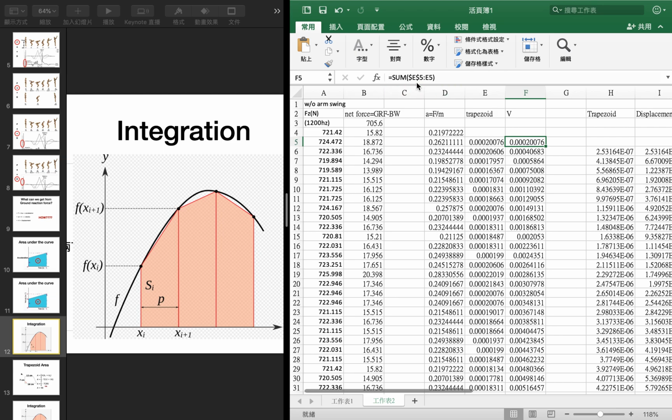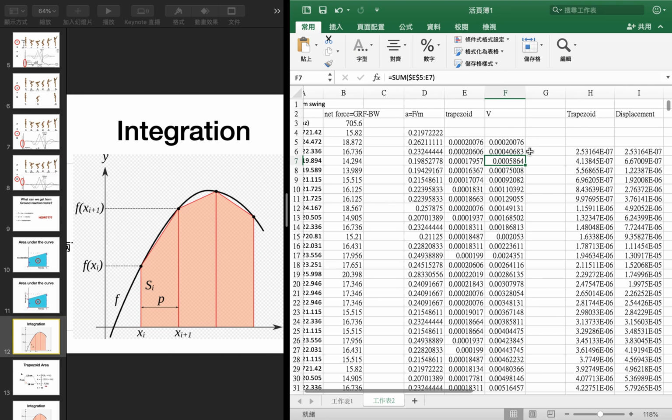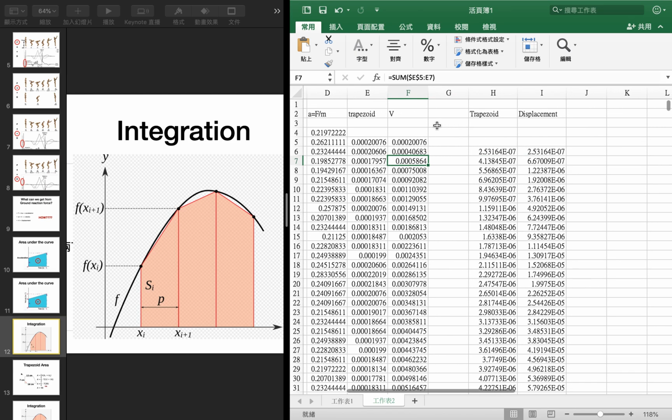Remember to put a dollar sign before it, so it'll fix the first block until the block you want. So it's from E5 to E5, from E5 to E6, from E5 to E7. And that's the velocity you get. Again, we want to transition velocity to displacement, and the method is pretty similar. We find each trapezoid area first, and then we accumulate them together to find displacement.